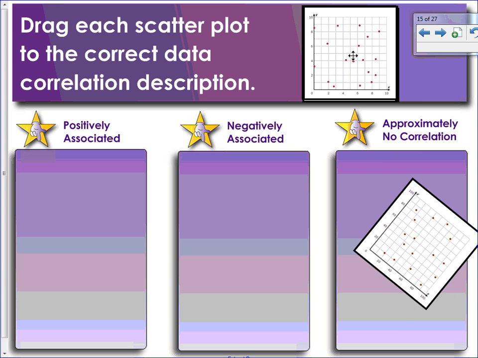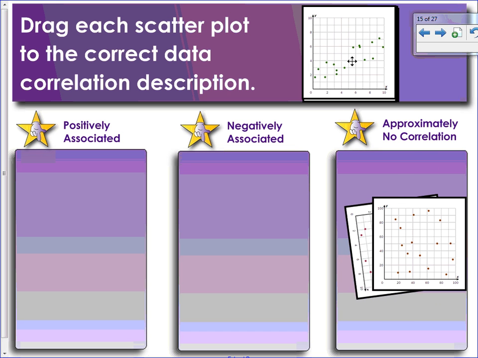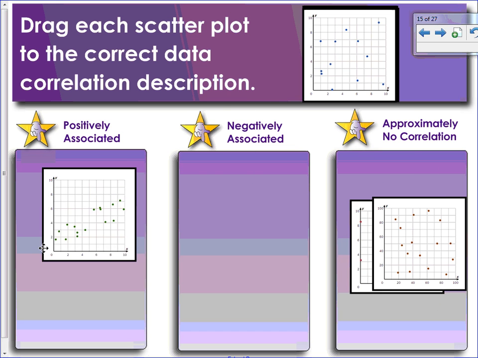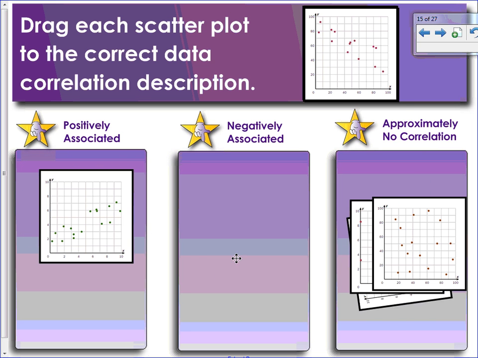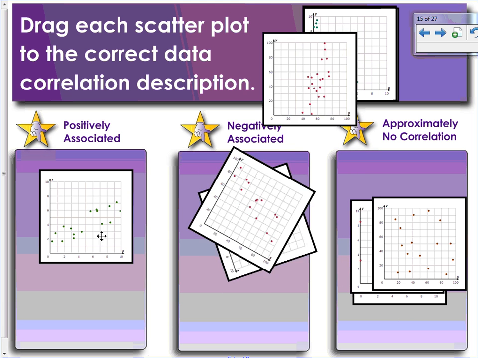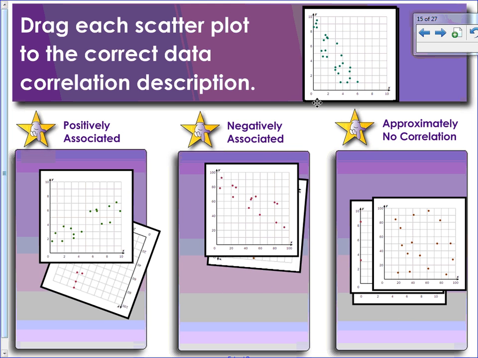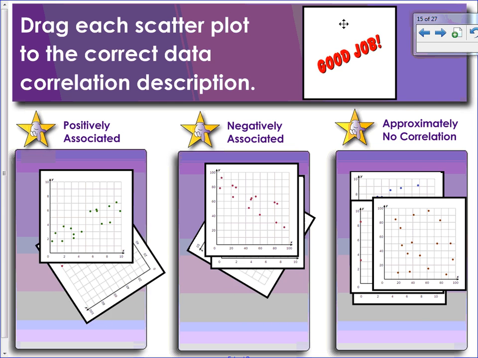What does this one have? No correlation. What does this one have? Positive. This one? No correlation. This one? Negative. Positive. No correlation. Negative. Good job. Positive.